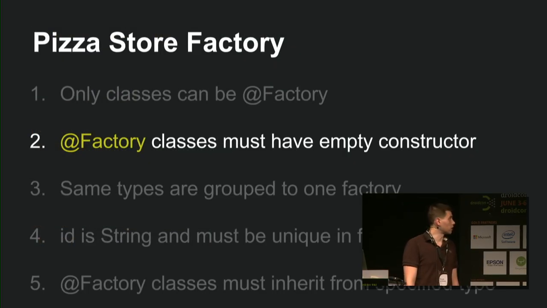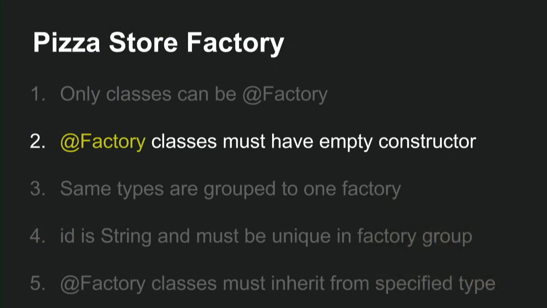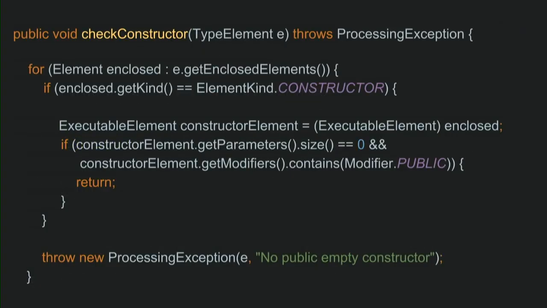So rule number 2, @Factory classes must have an empty constructor. So what we do is basically, you get the annotated element as parameter and you iterate over all elements in this class. So if you get the PizzaMargarita class as element, as parameter, we iterate over all elements in this one, like variable elements, like fields, methods, and so on.